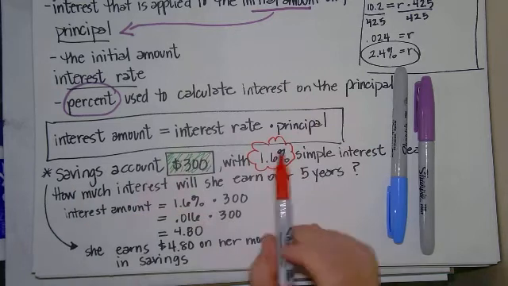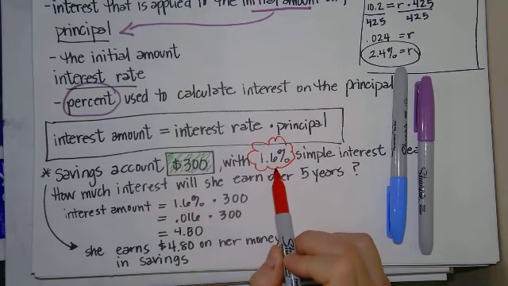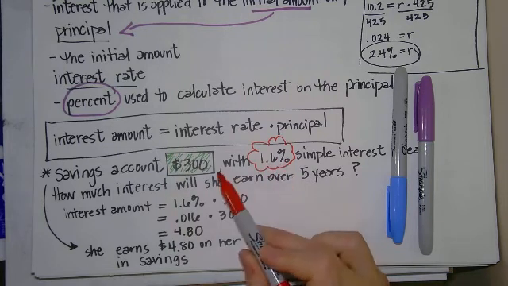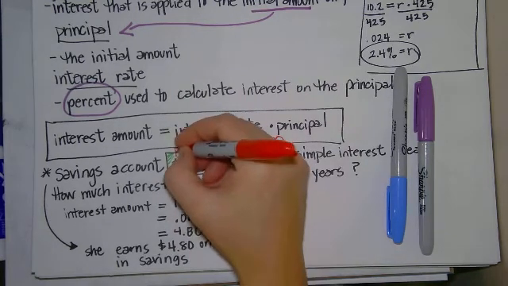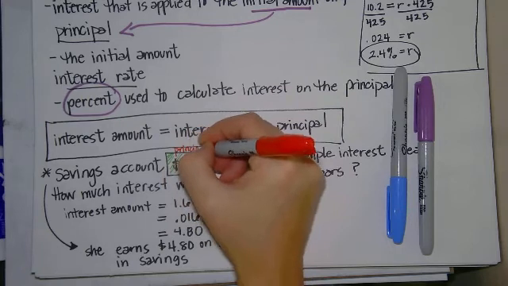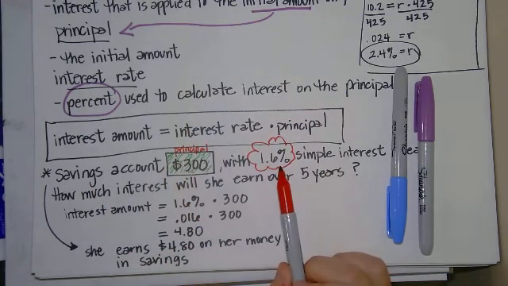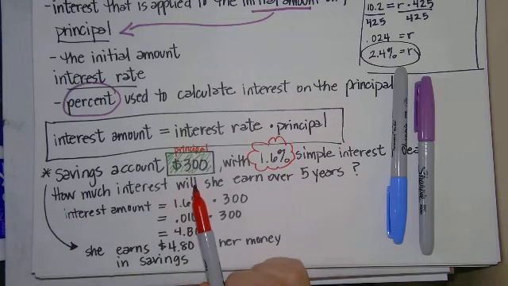A lot of times in savings accounts, that interest rate is really small like this. And so you're earning this amount of interest on your principal. Remember, this is your principal. So principal amount, interest rate. You are going to calculate how much interest you will earn.